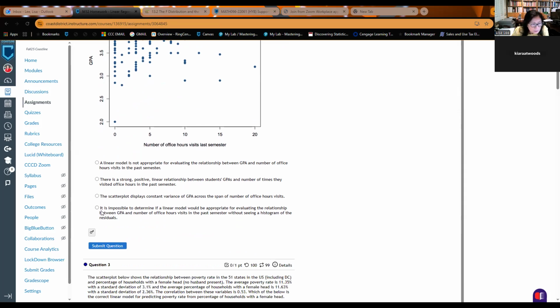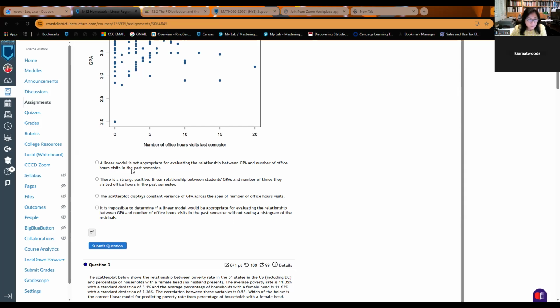The last one says it is impossible to determine if a linear model would be appropriate for evaluating the relation between GPA and office hour. It depends, without seeing a histogram of the residuals, we don't know about this.